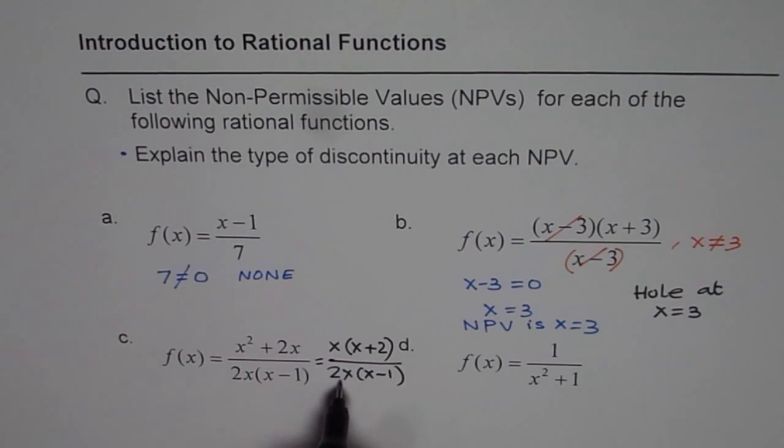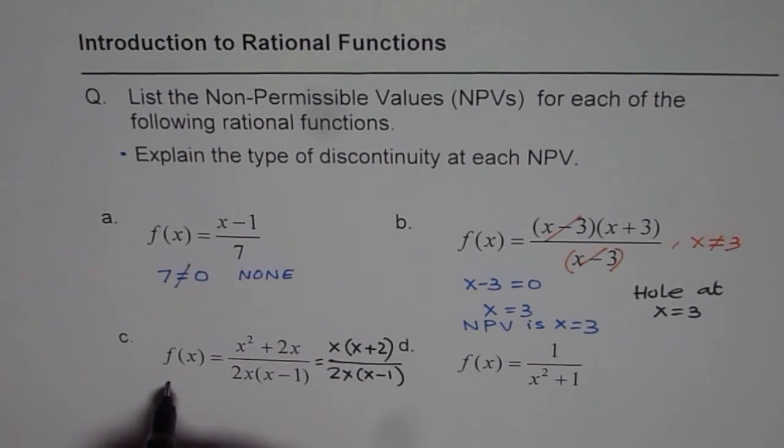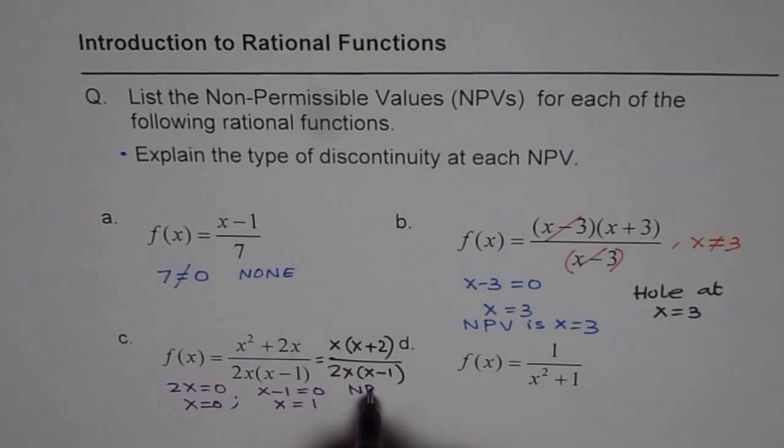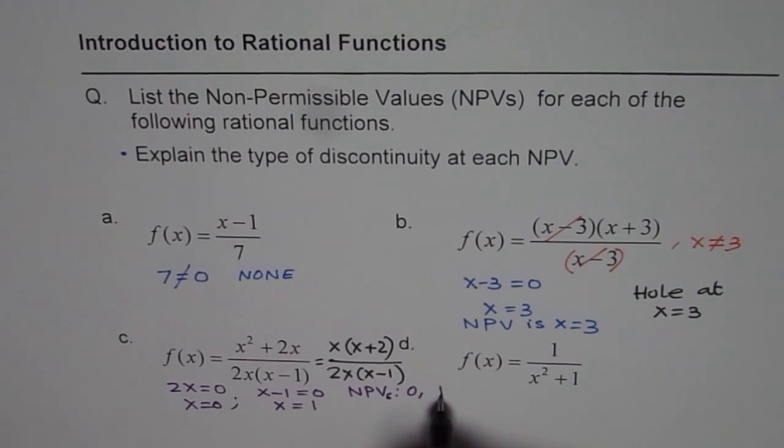These are when 2x is equal to 0, right? So we have 2x equals 0 or x equals 0, correct? First value. Second one is when you equate the other factor x minus 1 to 0, you get x equals 1. And therefore, here NPVs are at 0 and 1.